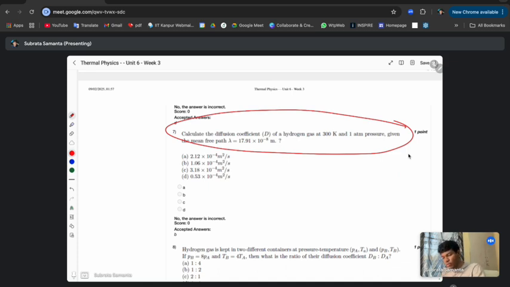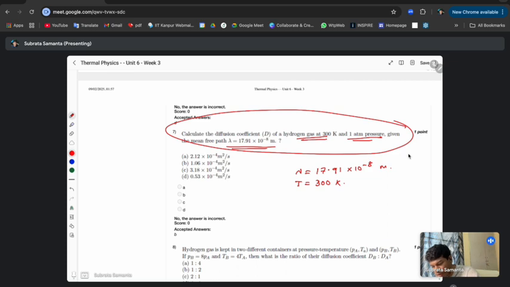Calculate the diffusion coefficient D of hydrogen gas at 300 Kelvin temperature and 1 atm pressure, given the mean free path lambda. First write down the givens. The mean free path lambda is given as 17.91 times 10 to the power minus 8 meter, in SI units. Temperature is given as 300 Kelvin, perfectly fine, no need to change.